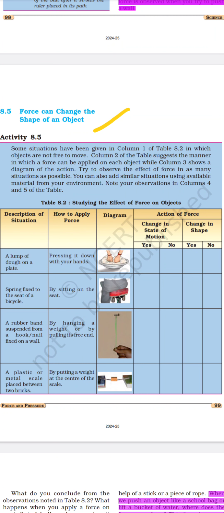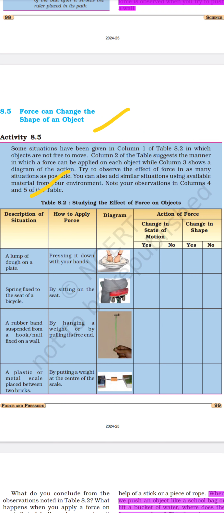Try to observe the effect of force in as many situations as possible. You can also add similar situations using available material from your environment. Note your observation in column 4 and 5 of the table. Got it?